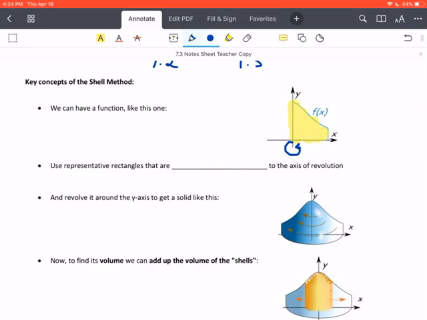The first thing you notice is we are taking a function written in terms of x, meaning y equals, and we are looking to rotate it around the y-axis.